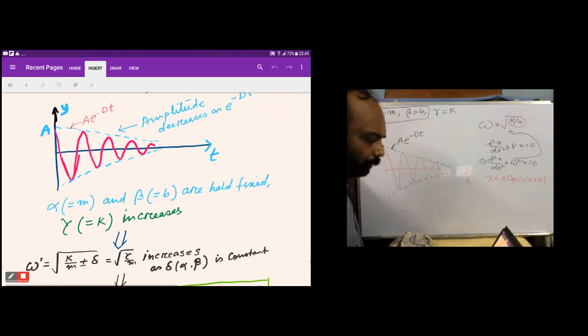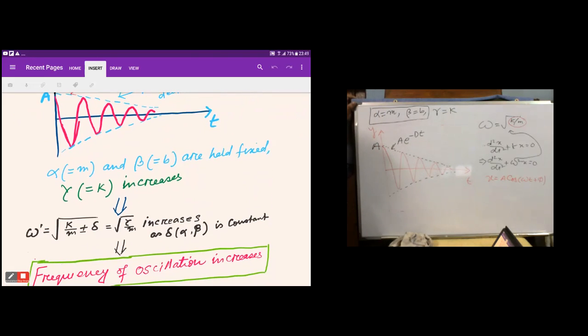In the given problem, alpha, that is our M, and beta, which is nothing but B, are held fixed, and gamma, which is basically K, is increased.